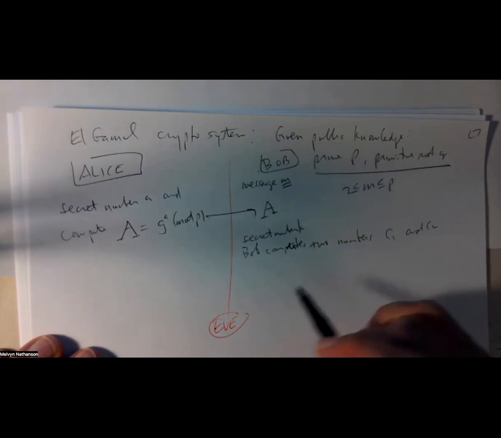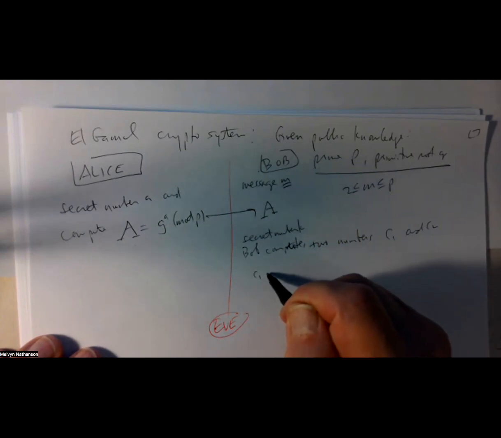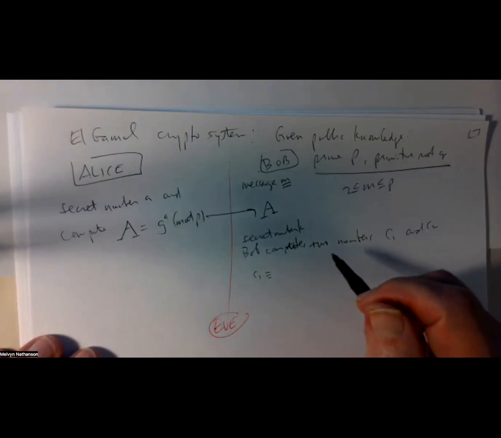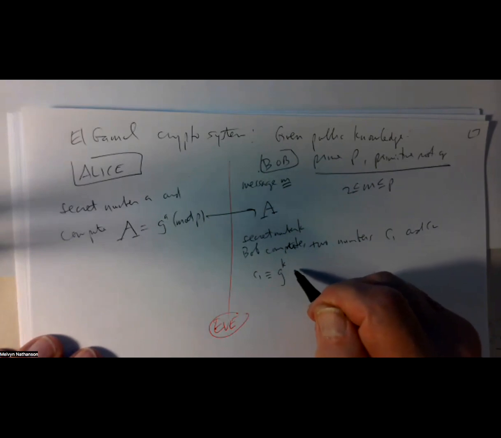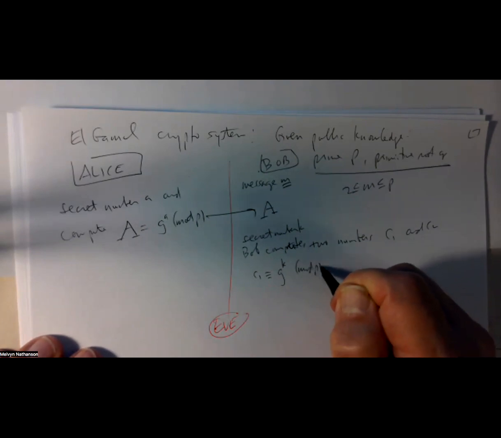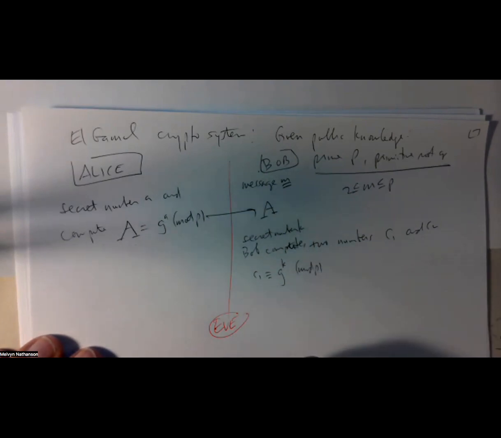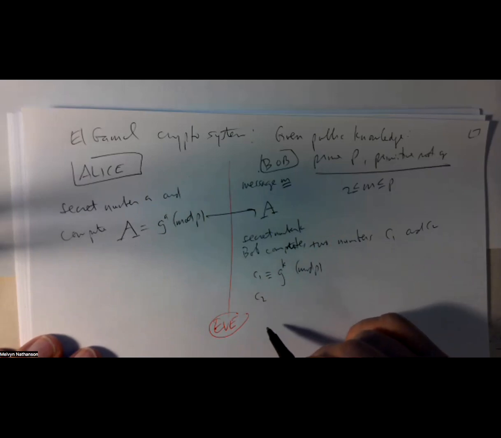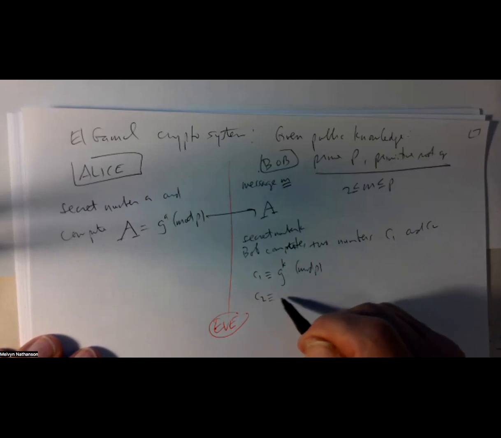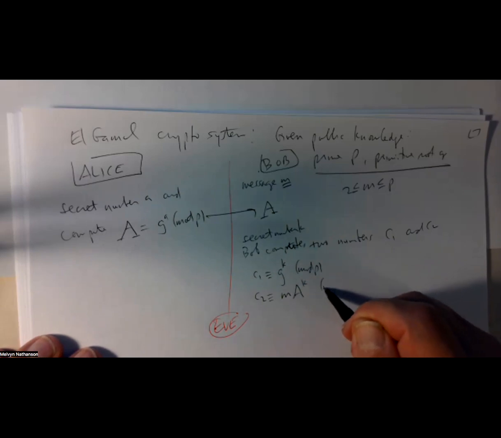So C1 is, you take the primitive root G, he raises it to a secret number K mod P. That's his C1. And then he computes C2, and C2 is going to be his message M times capital A to the K mod P.